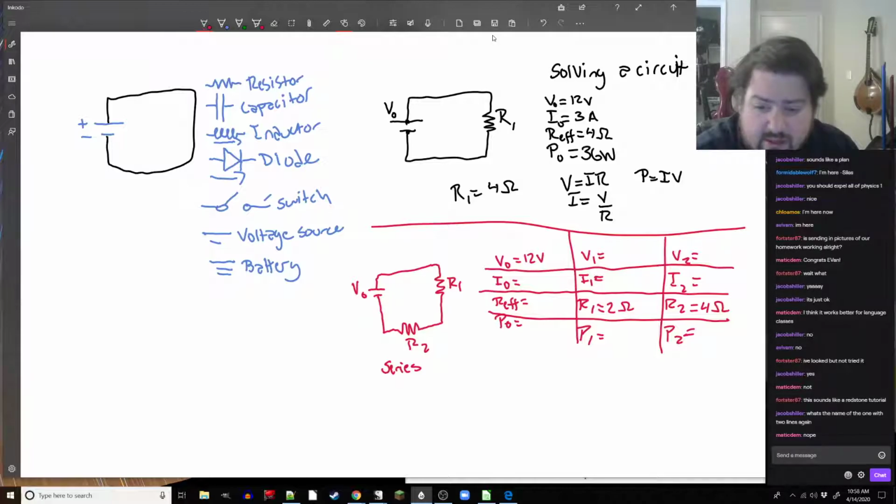So when resistors are in series with each other, meaning they're in a direct line, there's nothing in between, there's no branching, like extra places for stuff to go, that's in series. So the effective resistance in series of any number of resistors is just their sum.